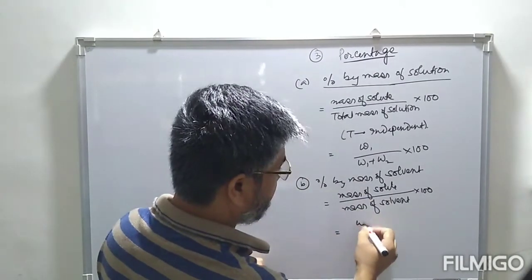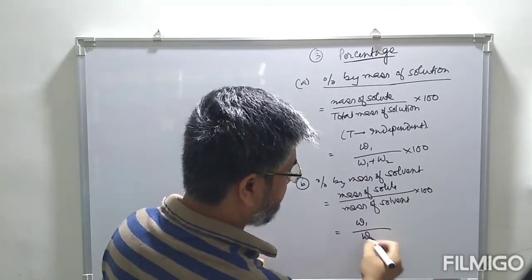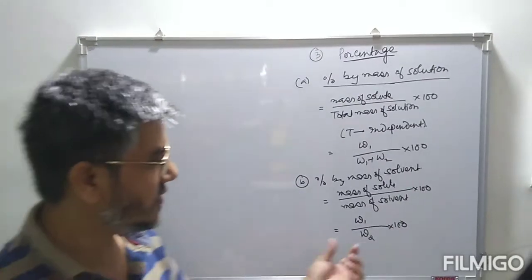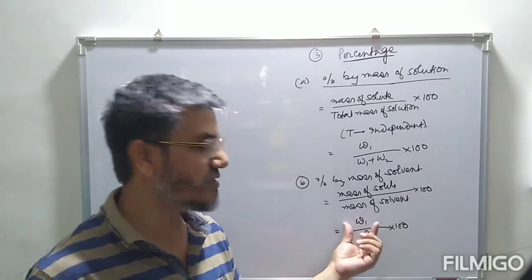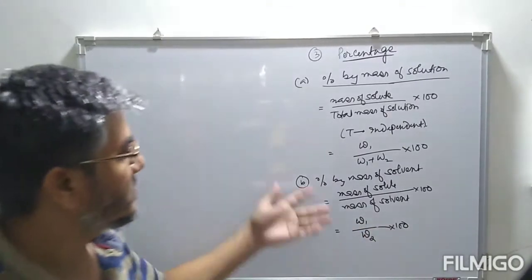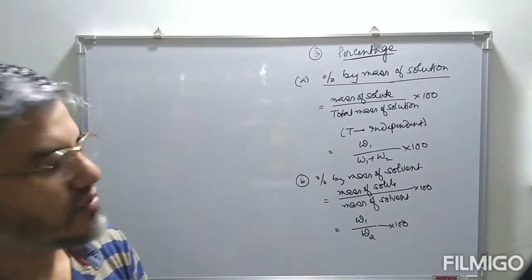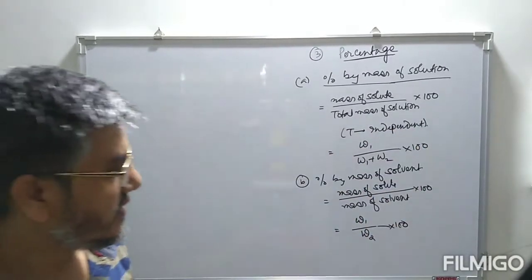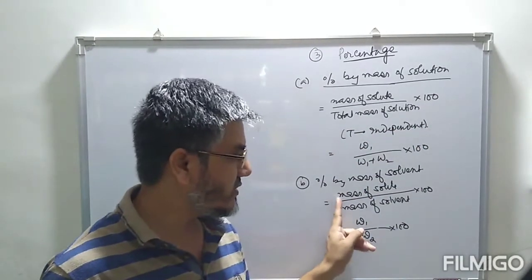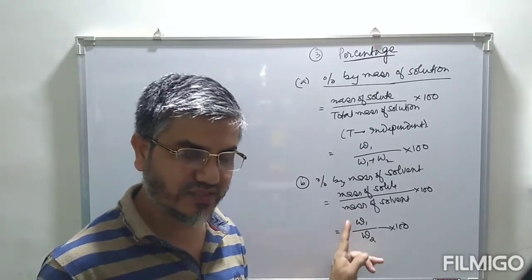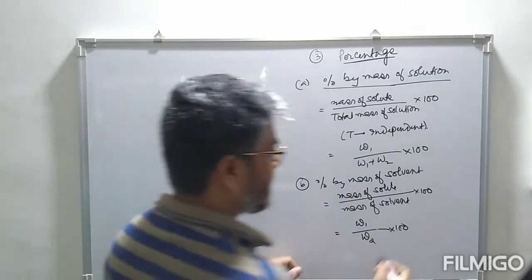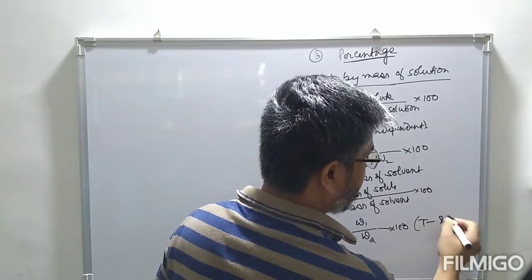So mass of solute, that is W1, mass of solvent, that is W2, multiplied by 100. So in a given mass of solvent, how much mass of solute is present? It is defined as percentage by mass of solvent. Again, both numerator and denominator are mass, so this is unitless, and mass is independent of temperature, so this is again temperature independent.